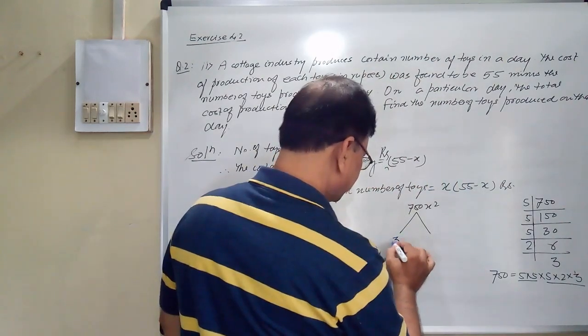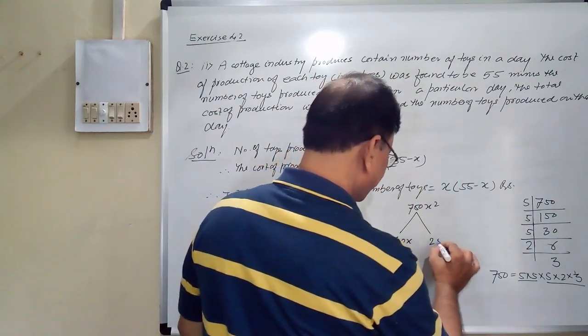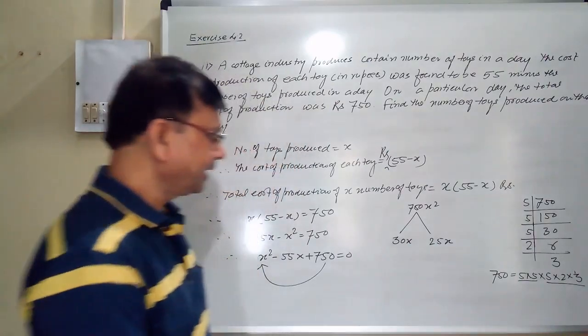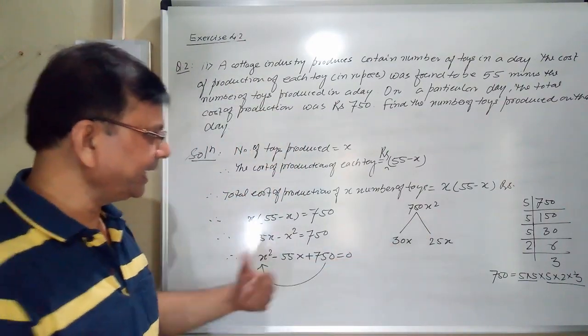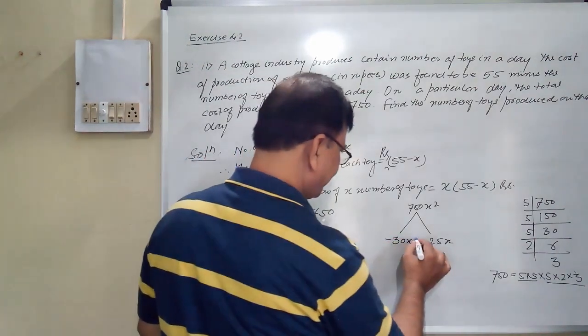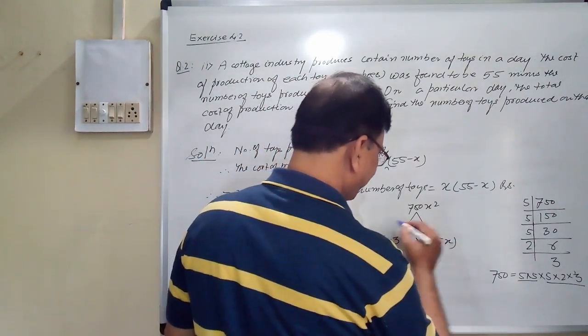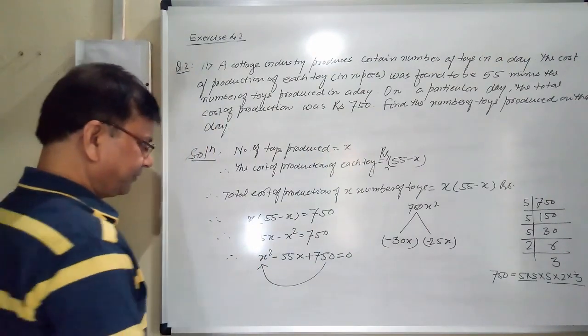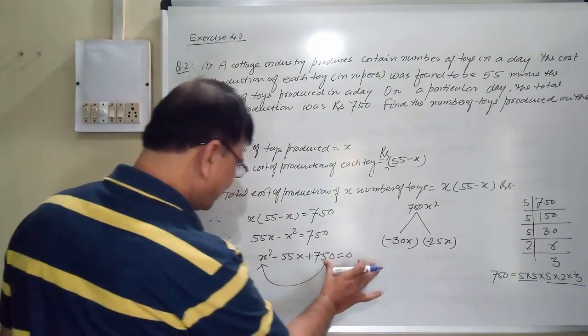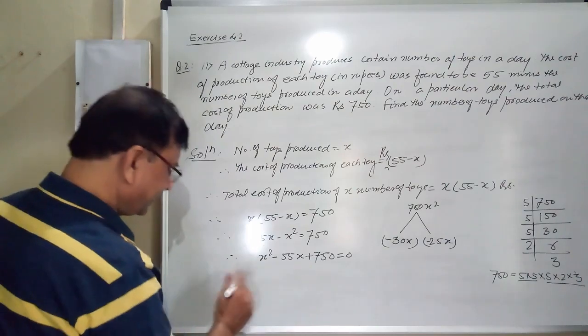So it is 30x, it is 25x. Product will be positive, but the sum is required to be negative. So we will take minus 30 over here and minus 25 over here. In that case, the product will be positive. So further simplification we will do, right?